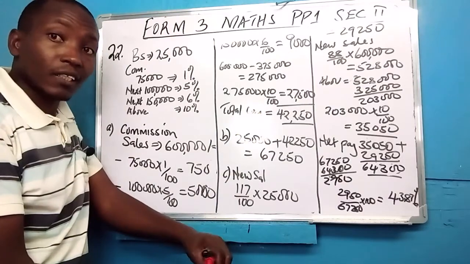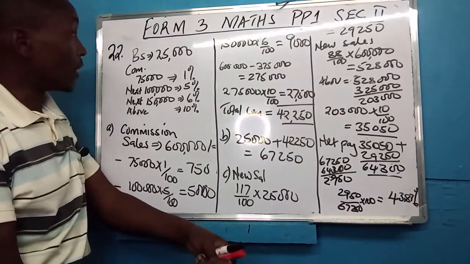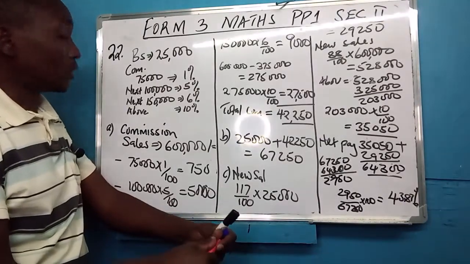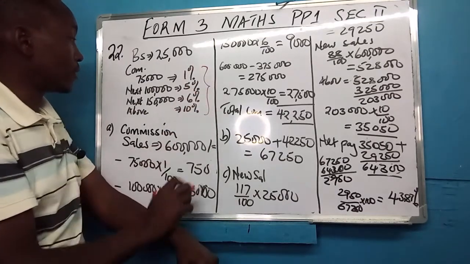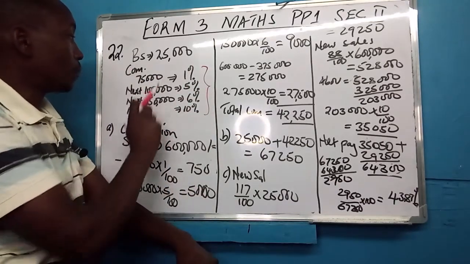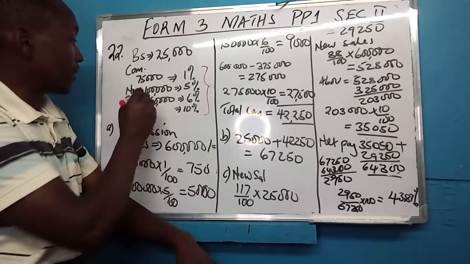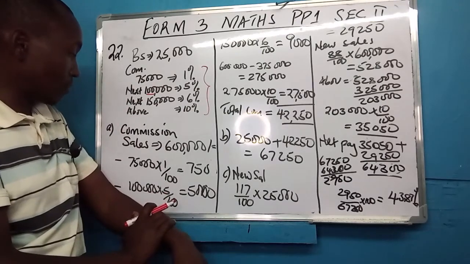So it's a question that even a Form 1 can attempt. You're given that the basic salary of this lady was 25,000. Then the table of commission is as it's given here. For the sales up to 75,000, 1%. Then the next 100,000, 5%, and the rest as it is given there.